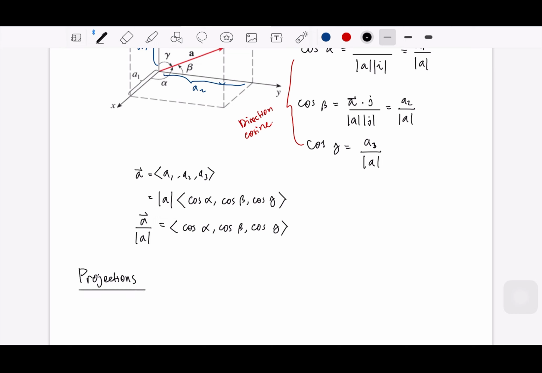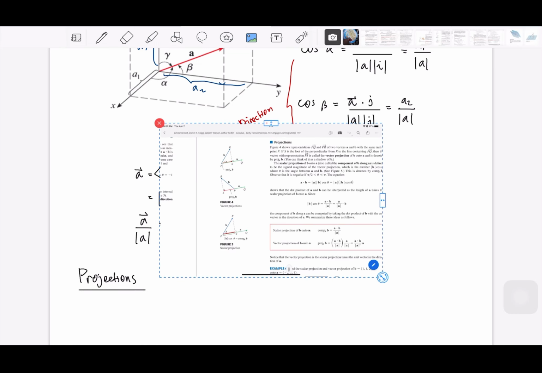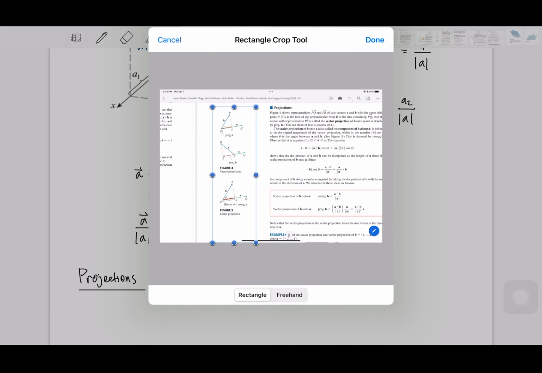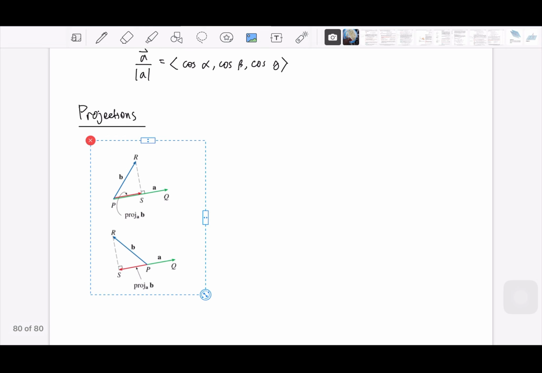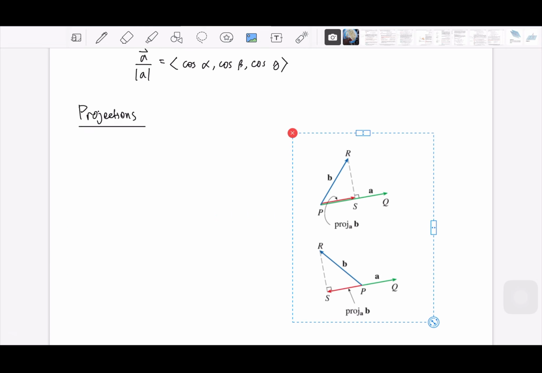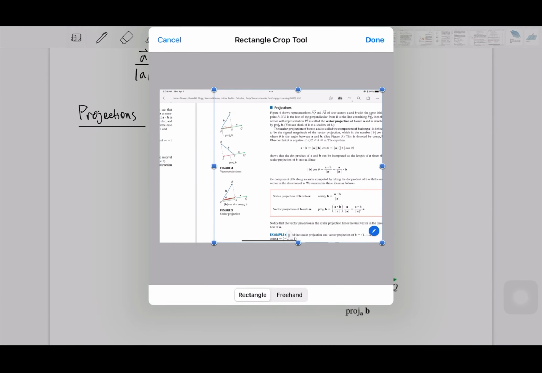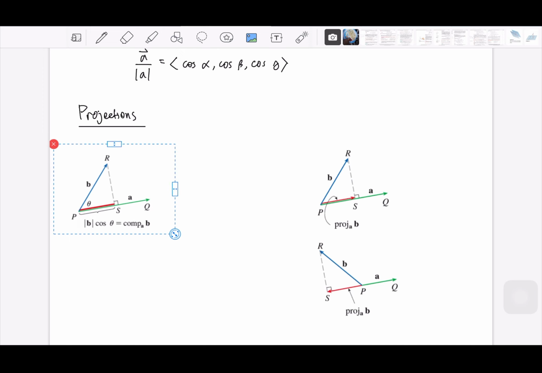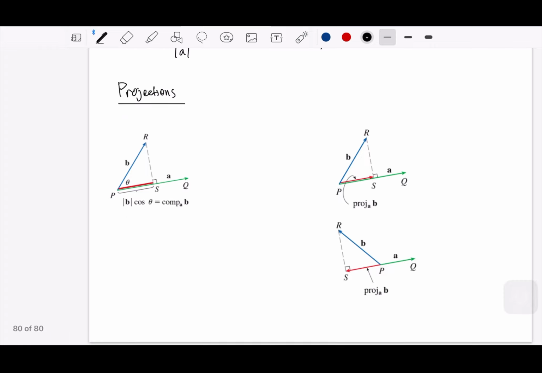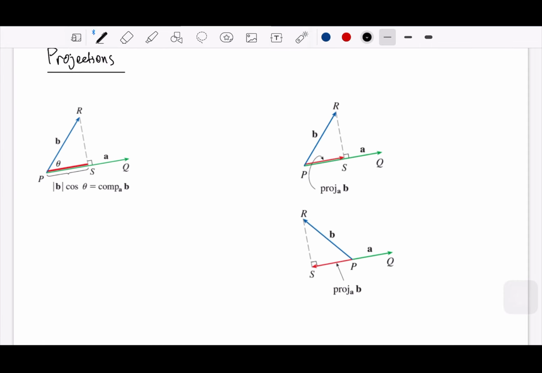The first we call the scalar projection, and the other projection is the vector projection.